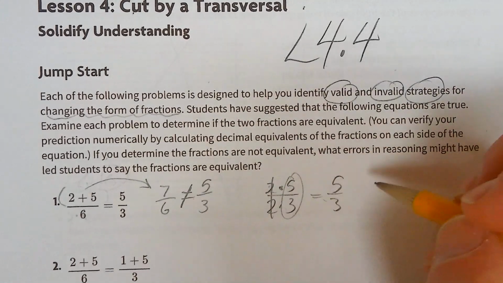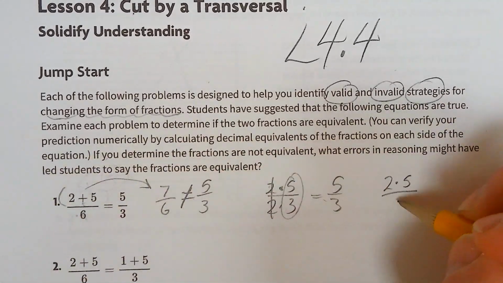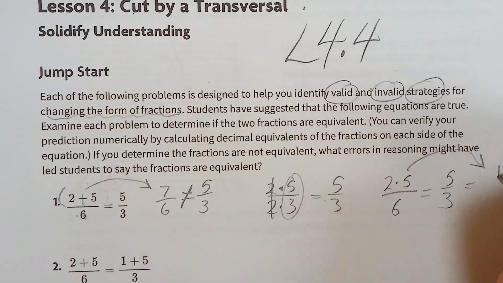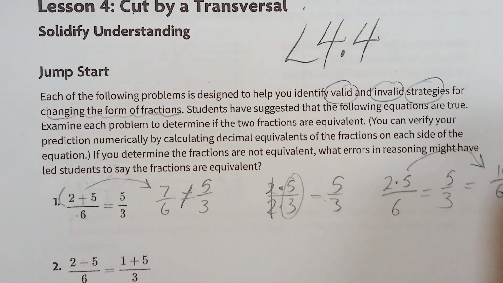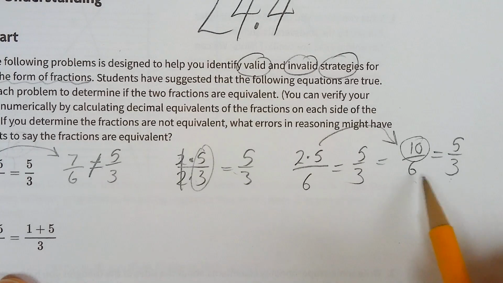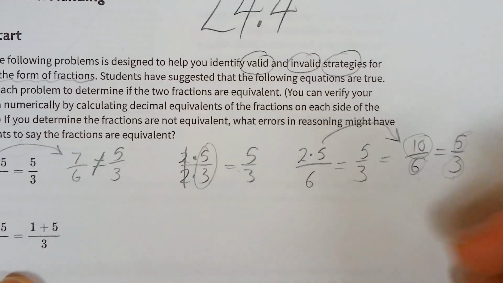Or, if it was 2 times 5 over 6, which it's not, it's 2 plus 5, but if it was, you could also just do the multiplication and get 10 sixths, which is equal to 5/3. You have twice as many pieces, but twice as many parts. So it all lines up.